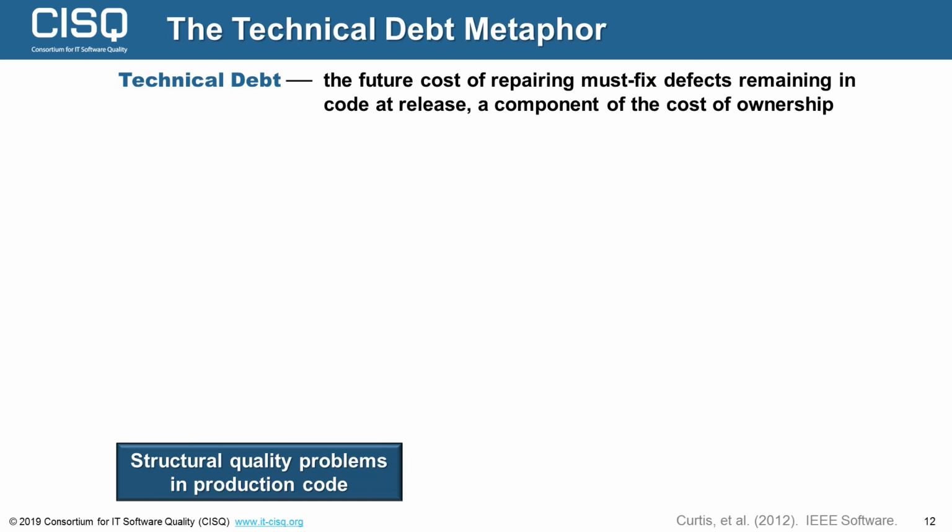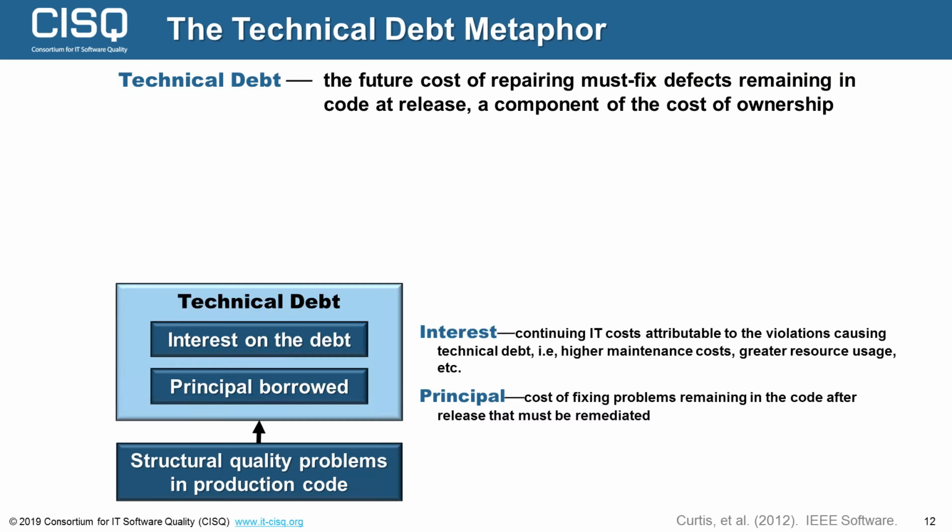Click, Tracy. So the first aspect of technical debt is the principal, which is the cost of removing these defects from the system. And then there's the interest on the debt. Until I get them removed, it may cost me extra. For instance, if it's a maintainability issue, it's going to cost me extra time and effort for people to work on the software.